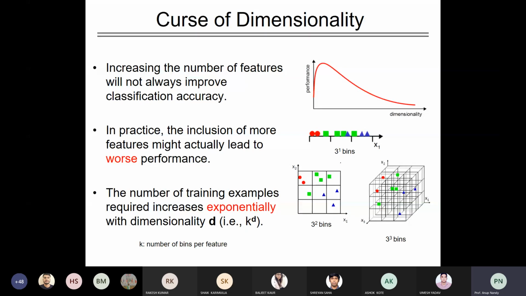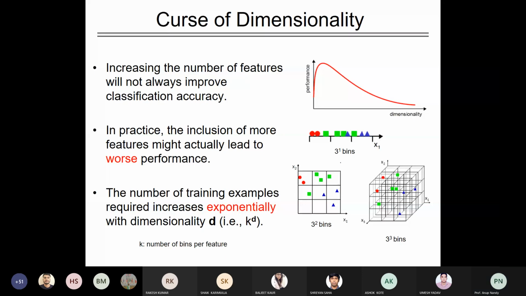Feature selection is different from feature extraction. In practice, the inclusion of more features might actually lead to worse performance. It may so happen, provided that you have some prior study of the data points that you have.